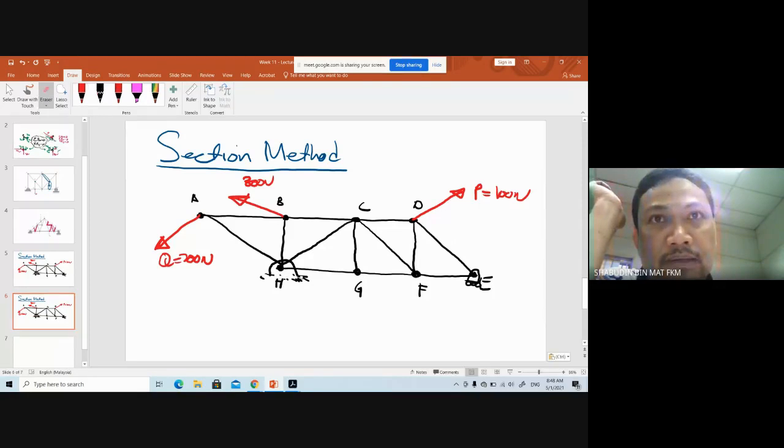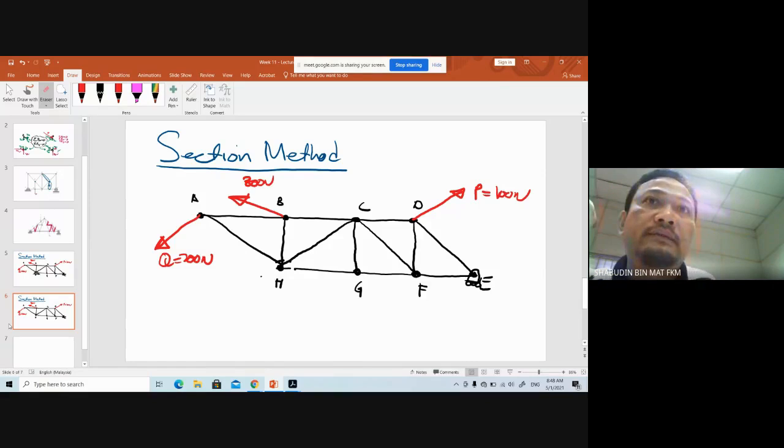Removing this pin means it must be replaced with the force, with the direction and so on.